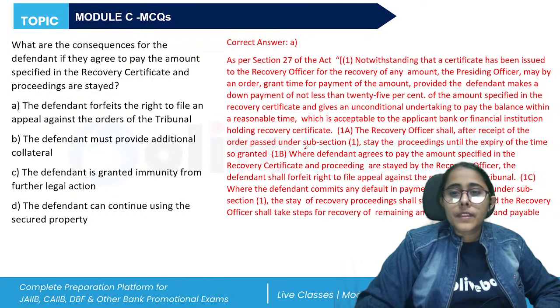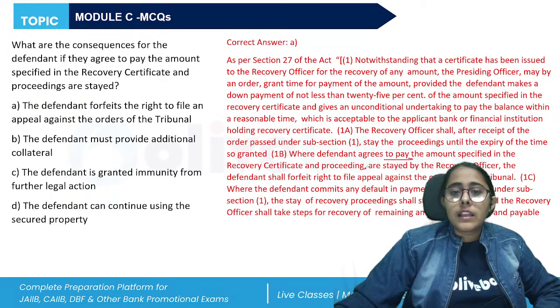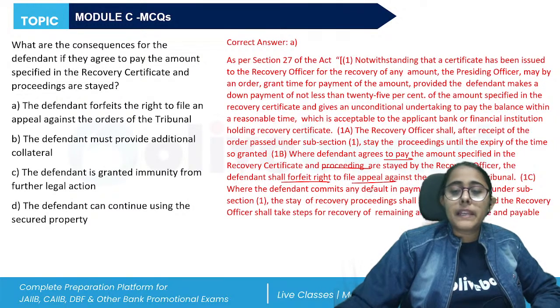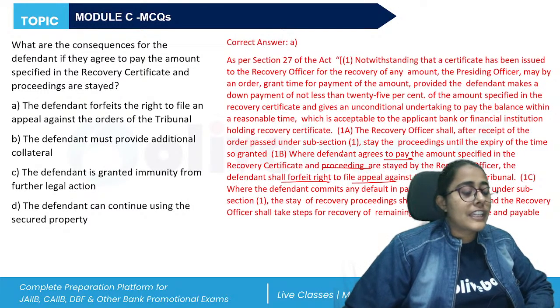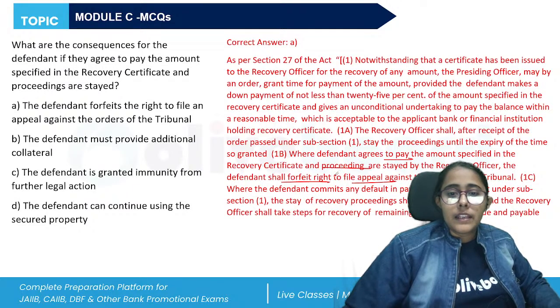So the defendant, where they agree to pay the amount, will forfeit the right to file the appeal against the orders of the tribunal. Now they cannot move a complaint to the DRAT. If the defendant commits any default in the payment, the stay of the recovery proceedings shall stand withdrawn, and the recovery officer shall take the steps for the recovery.